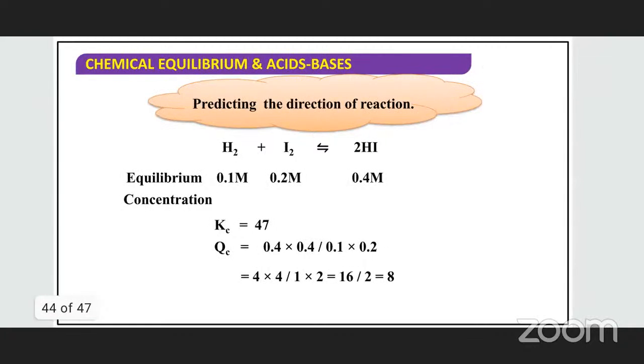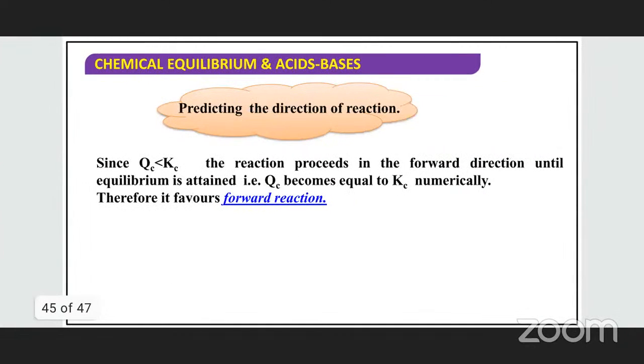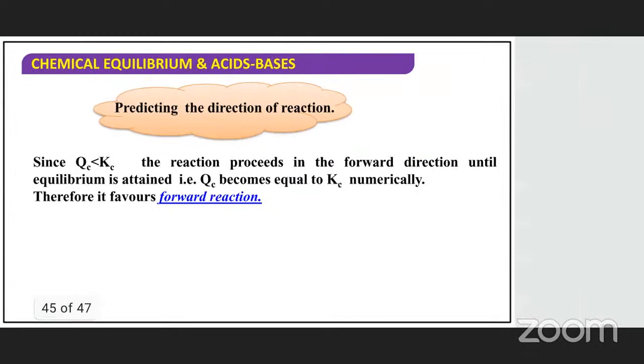Kc is equal to 47. Since Qc is less than Kc, the reaction proceeds in the forward direction until equilibrium is attained, when Qc becomes equal to Kc numerically. Therefore, the forward reaction is favored.